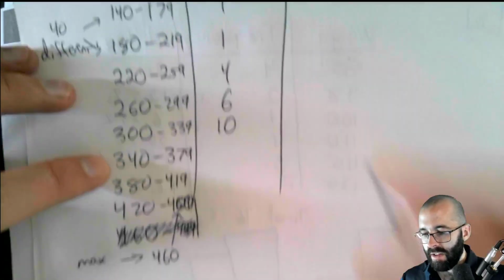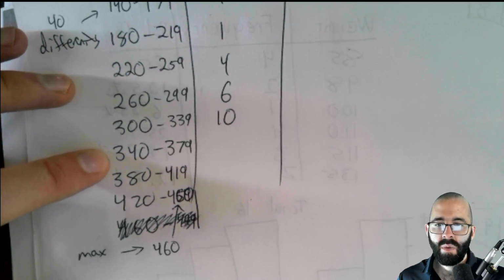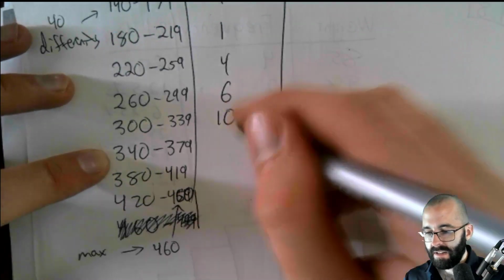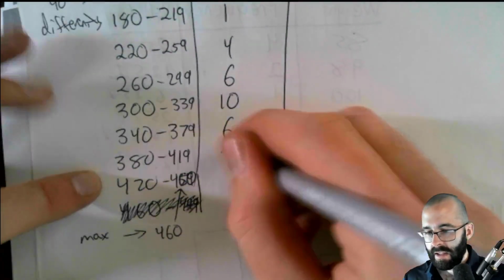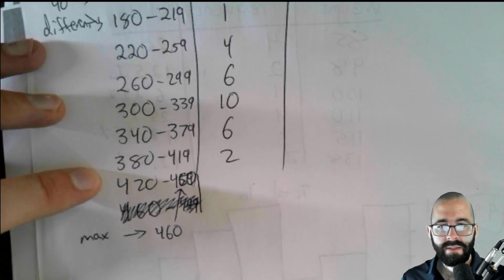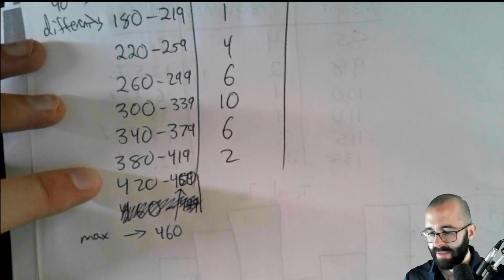Whoa. 340 to 379, 1, 2, 3, 4, 5, 6. 380 to 419, 1, 2. And 420 plus, 1, 2, 3.